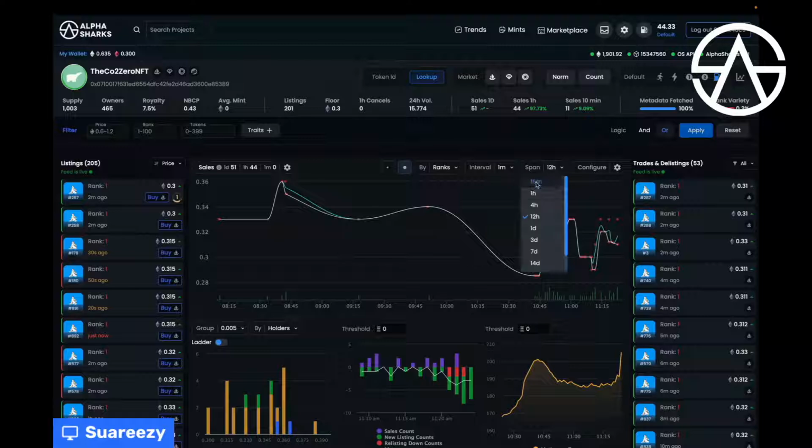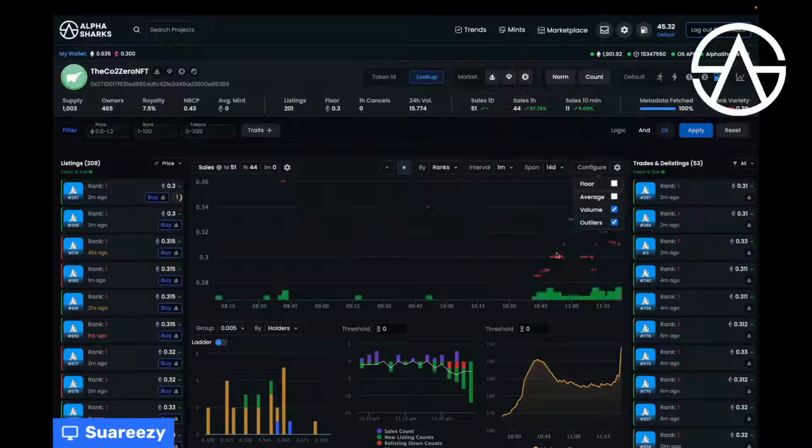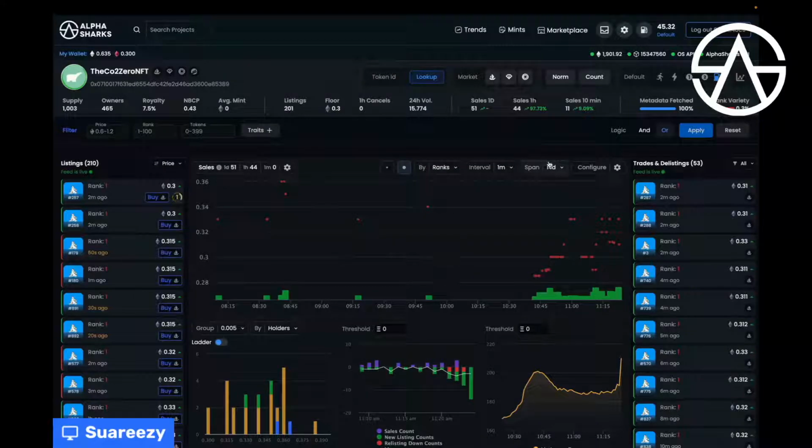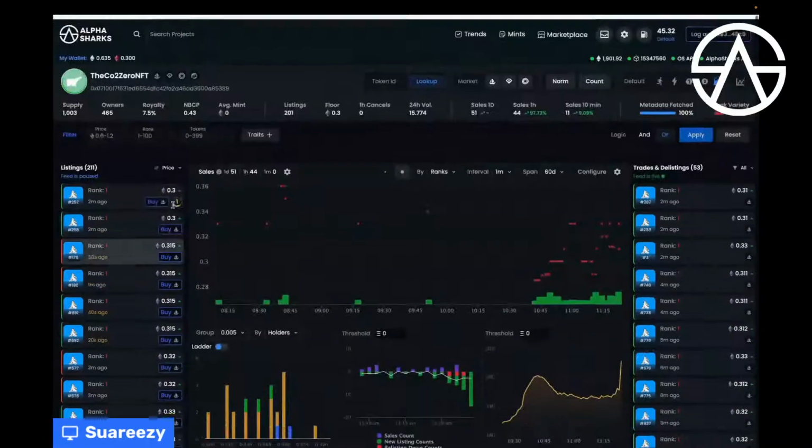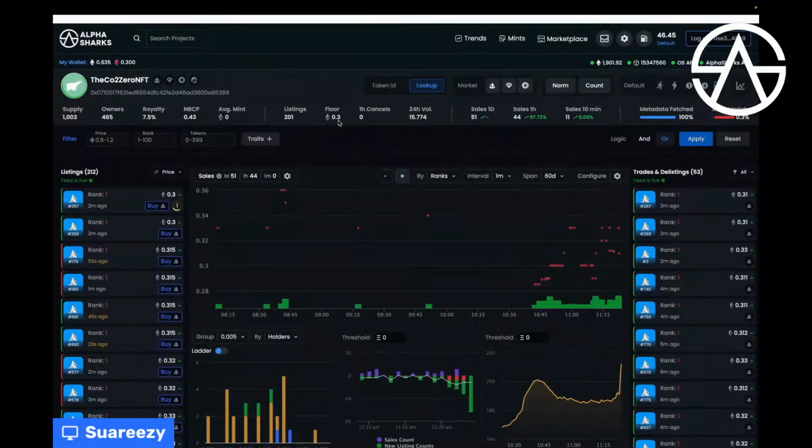The reason I say that is because it's not very liquid. When you start to see lots of dots bouncing everywhere, it's not a very liquid project. Doesn't mean it's not good or can't run, but it just means there's less demand coming in at that point.